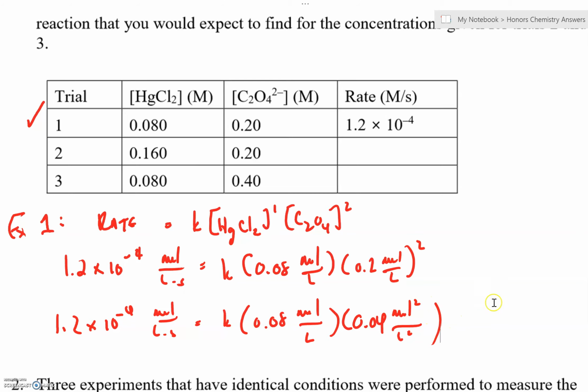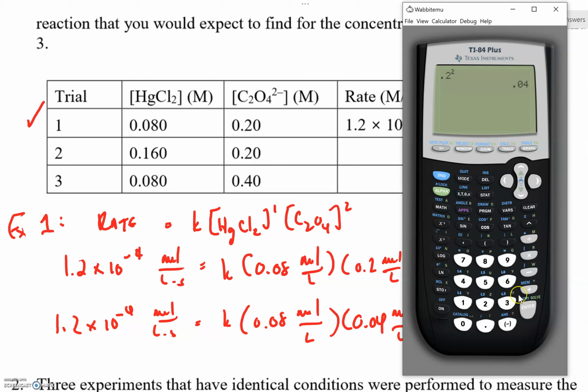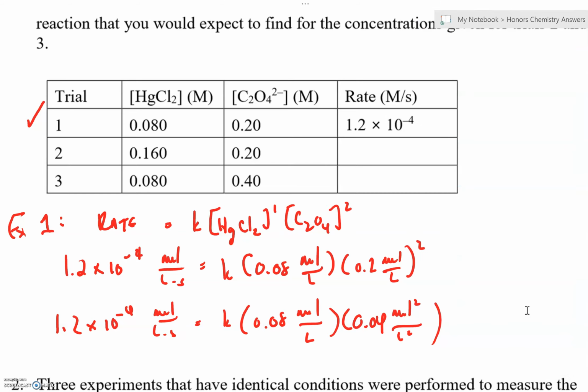So we're going to take this 0.04 and multiply it by 0.08, and that takes care of the value 0.0032 on this side. We're also going to multiply moles by moles squared and liters by liters squared.